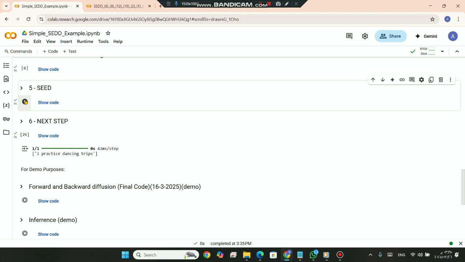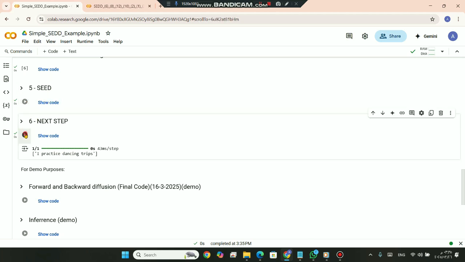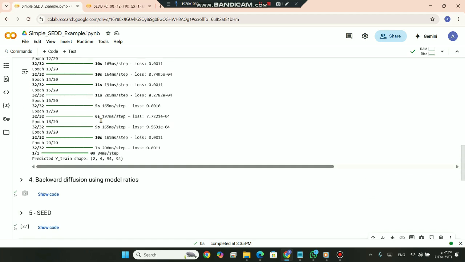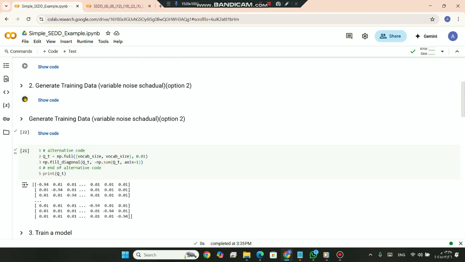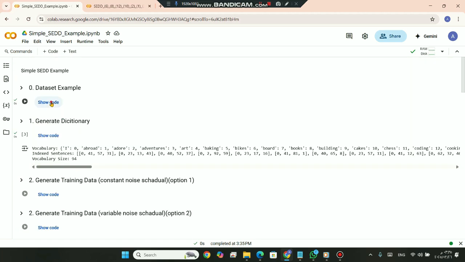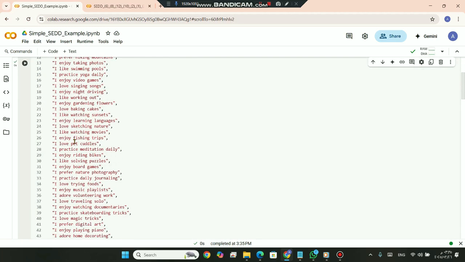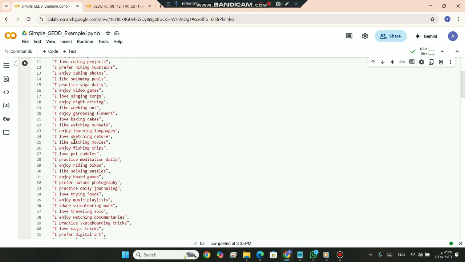Let's start with another initial random step over here. Again, we start with something meaningless, because this is just the first backward step. I enjoy playing daily. Wow, I'm super impressed by how this model works. Why am I so impressed? Because I have just trained this model with very, very few sentences. Nothing big.